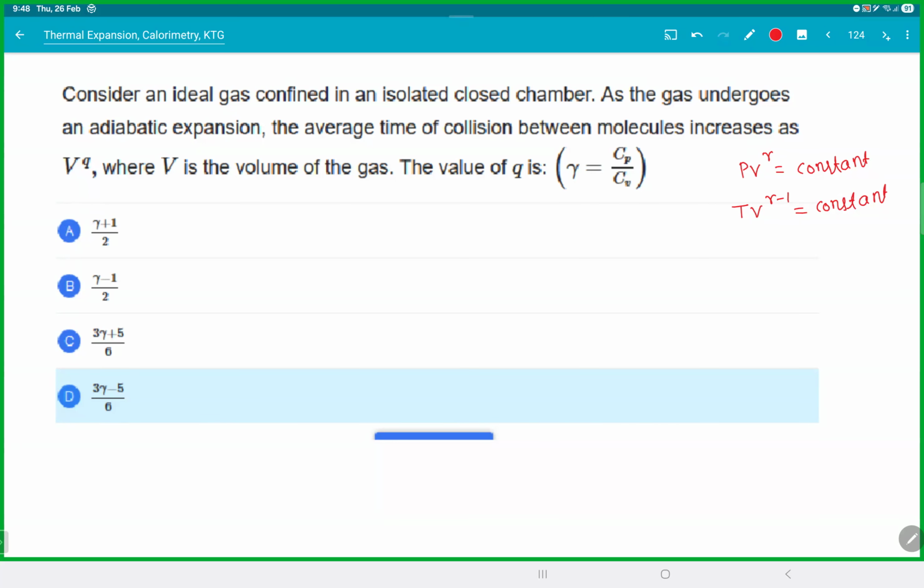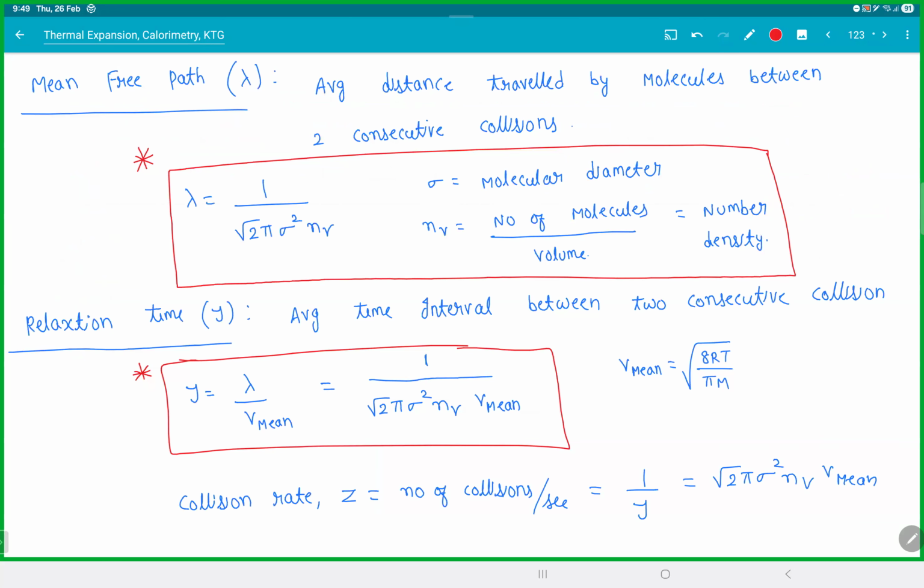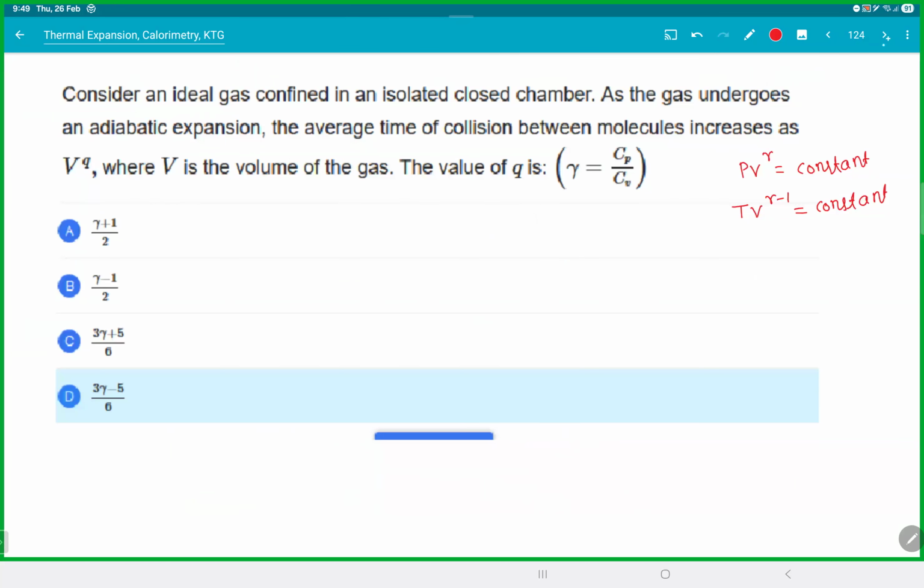And D is not the answer. In case you don't know the formula, this is what I'm asking. Tau, average relaxation time, is 1 by root 2 pi sigma square NV v mean. Everyone, give it a try. I'll give you 1 or 2 minutes. It's important. If you get one model, then you're done. You will understand how to do this. But give it a try for one question. I'll give you a few more.